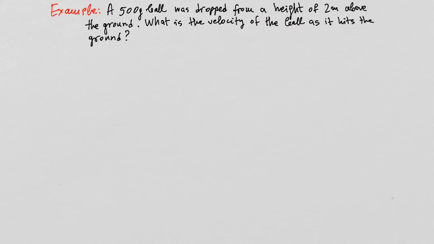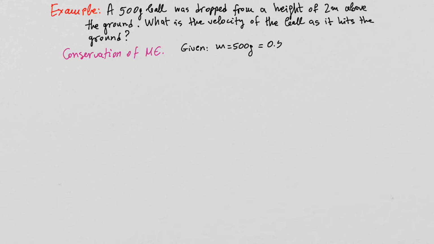Let's do this example. To solve this problem, we need to use the principle of conservation of mechanical energy. Okay, so let's see what we know. We know the mass, which is 500 grams. Notice that the units are not the correct units for the calculation, so this must be converted into kilograms.